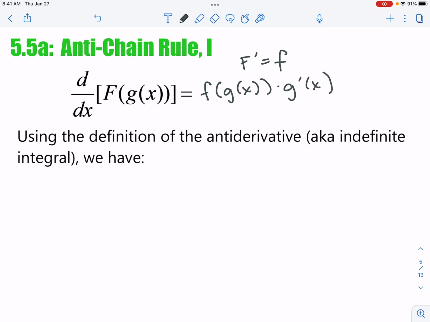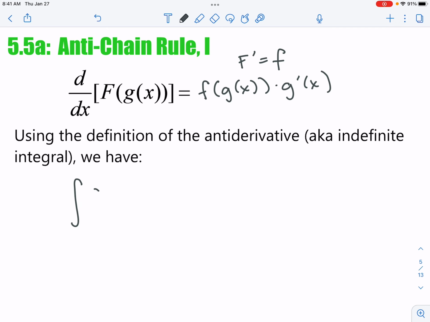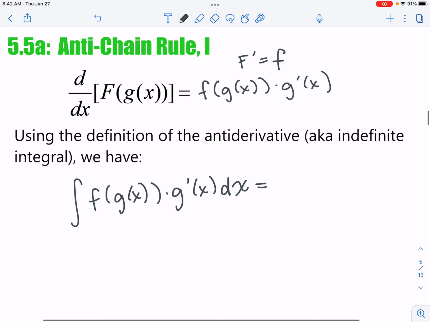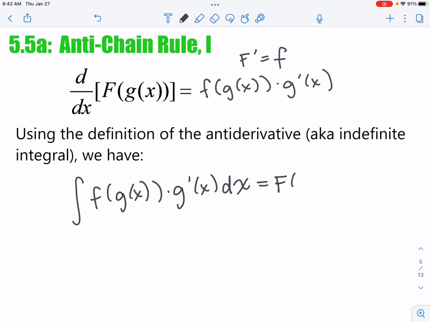Okay, so using the definition of the indefinite integral, in other words, an antiderivative, I can go the other way around, right? So if I have this function in this nice format of f of g of x times g prime of x, then the indefinite integral, the antiderivative, will be capital F of g of x, right? And then plus whatever constant.